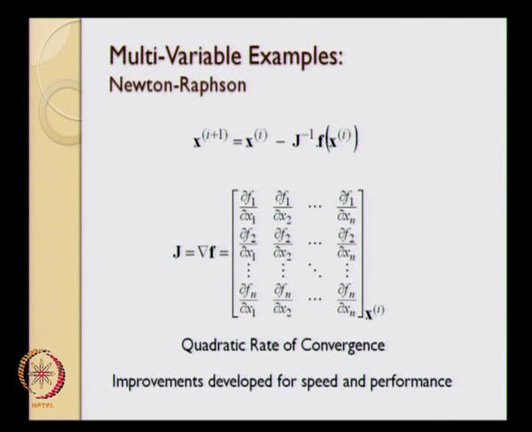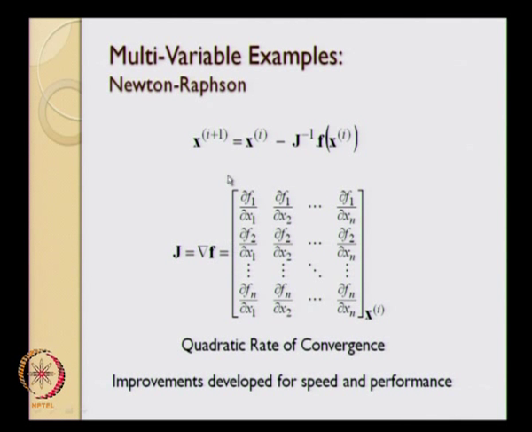Then we looked at the multivariable Newton-Raphson's method, which is x of i plus 1 equals x i minus J inverse f, where J is nothing but the Jacobian, and this is how the Jacobian is written: df1 by dx1, df1 by dx2 and so on up to df1 by dxn, and down the column df1 by dx1, df2 by dx1 and so on up to dfn by dxn.